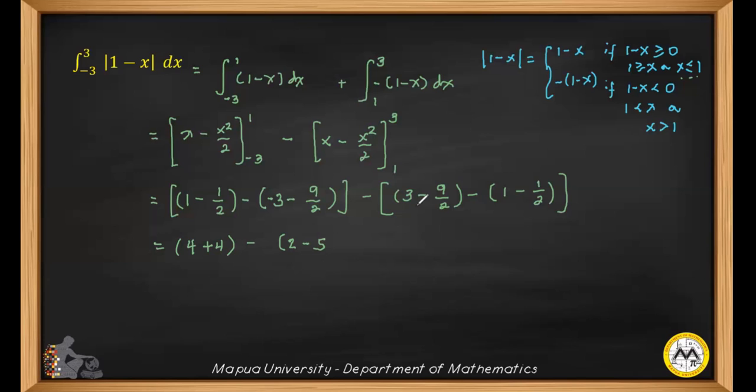So this will give us 3 minus 1 is 2. And negative 9 over 2, plus 1 half is 8 over 2, which is 4.